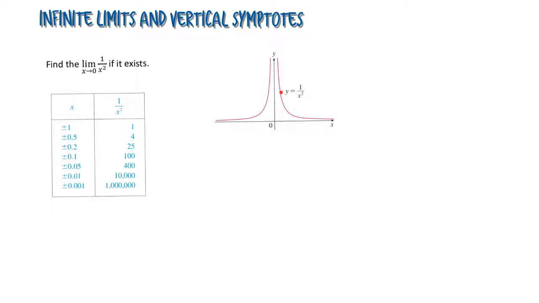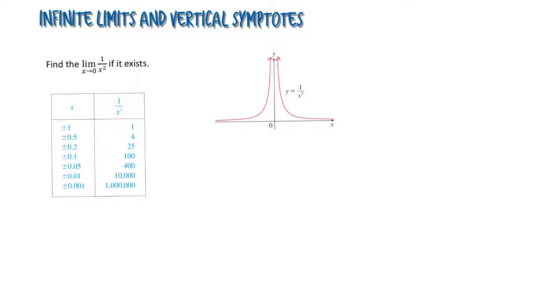The graph is getting larger and larger in y values, so the graph is approaching infinity because those y values are getting larger and larger without bounds. In fact, I'm going to put an arrow above, indicating that this graph continues growing forever towards positive infinity.